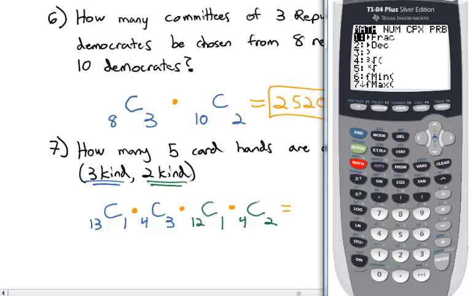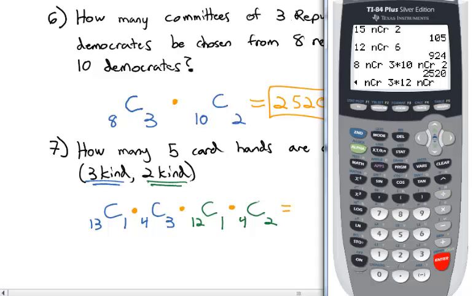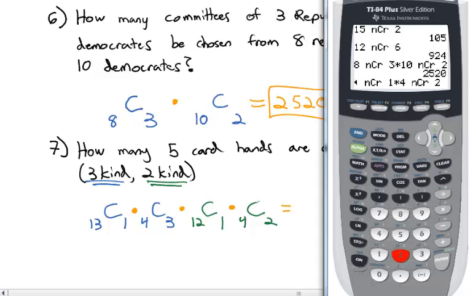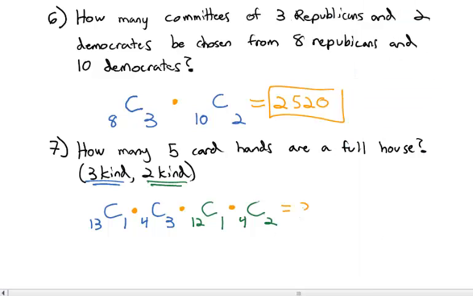Math, over to probability, down to combination. 12 choose 1, times 4, math, choose 2, and when I hit enter, I find there are 3,744 different full house hands possible in a game of poker.